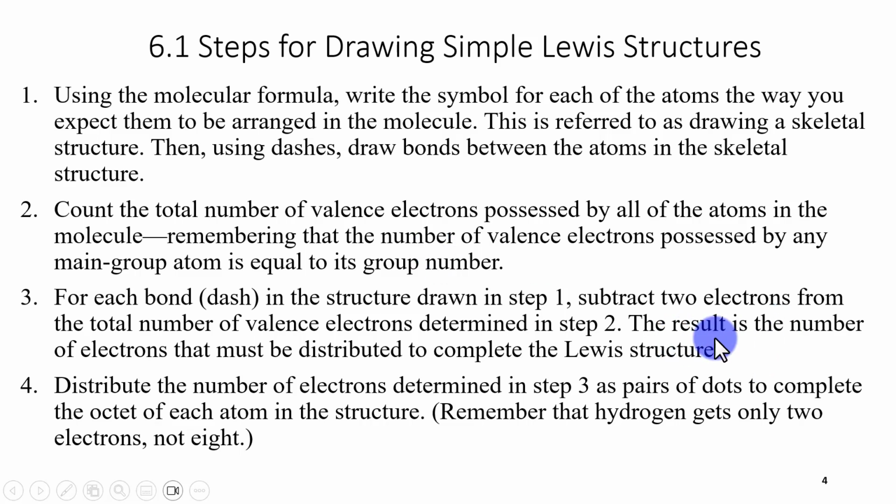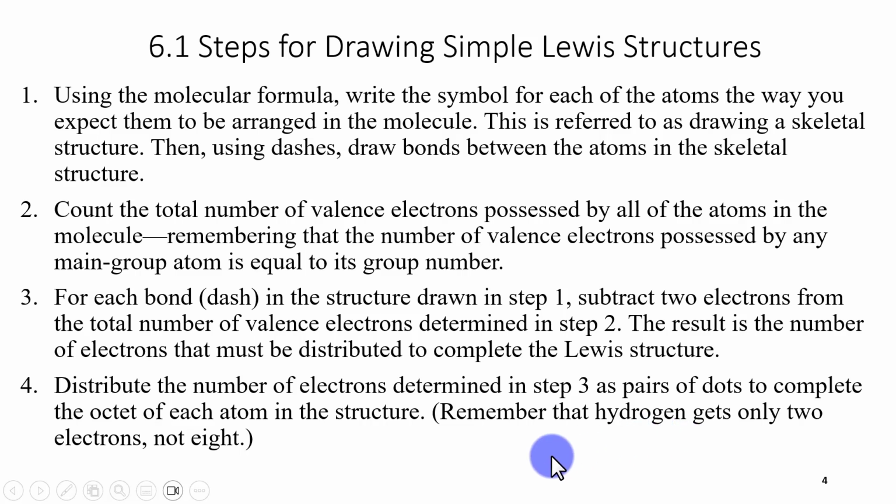The result, what's left over, is the number of electrons that we must distribute as lone pairs. We distribute those as pairs of dots to complete the octet in the atoms in the structure. But remember, hydrogen only gets 2 electrons. It does not get 8, so it doesn't have lone pairs. Only 1 dash.